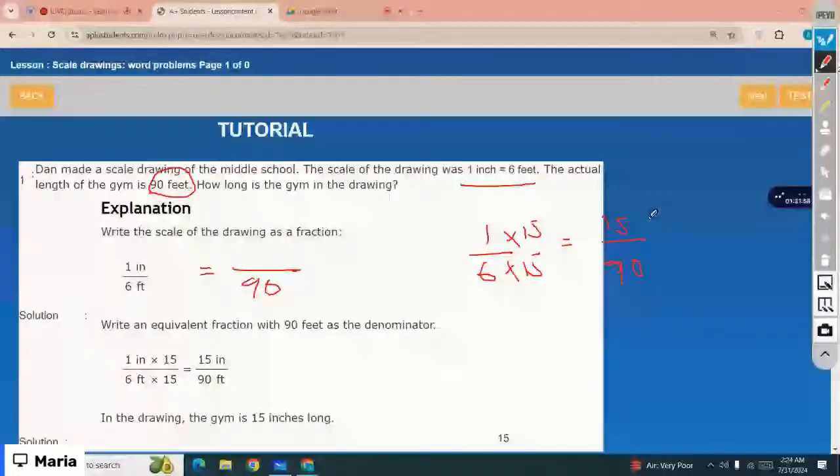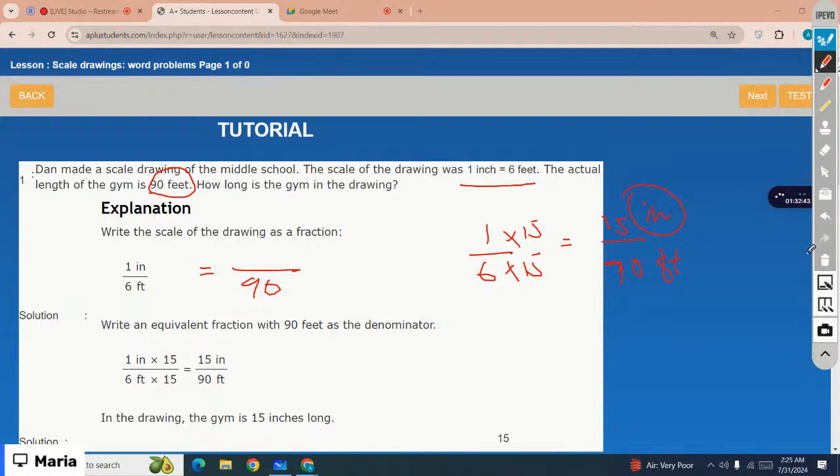So that means if the actual length is 90 feet, in the scale drawing it is 15 inches. Got it? The correct option is 15 inches, right?